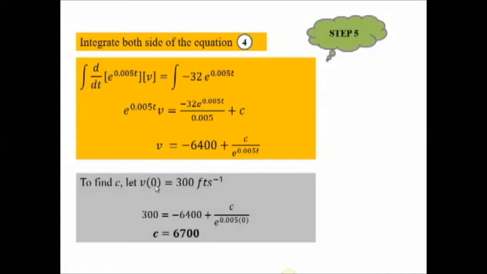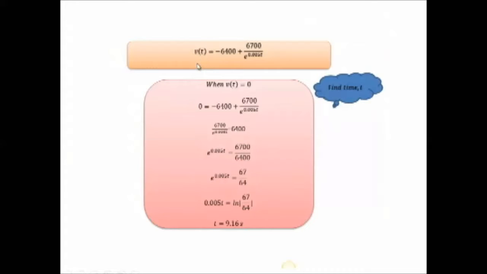When we substitute v0 into this equation, we get the value of c equal to 6,700. Next, this is the velocity equation.